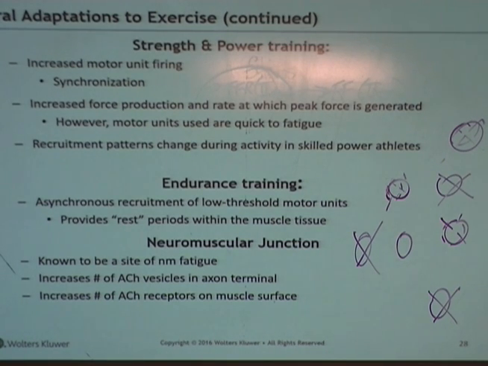So what we see in the muscles of endurance athletes is this asynchronous pattern that allows a motor unit to take a bit of a breather for a while and to regenerate and let the proteins relax back out, right?